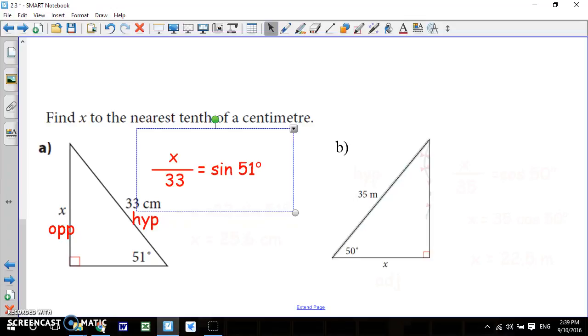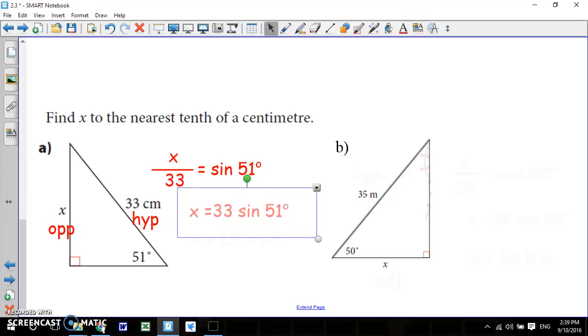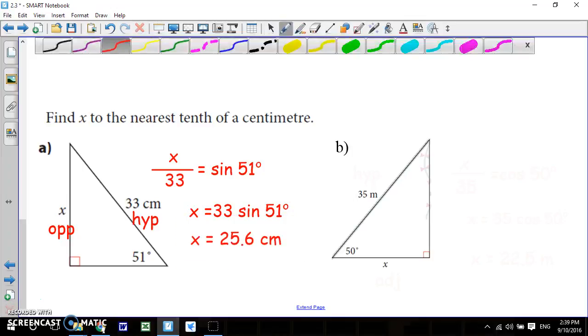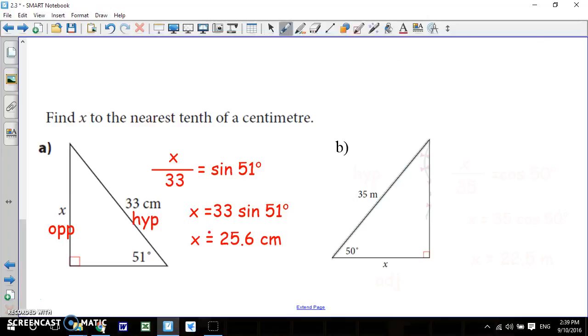Cross multiply the 33: X is equal to 33 times sine 51 degrees. Using a calculator, you will find X is approximately 25.6 centimeters.